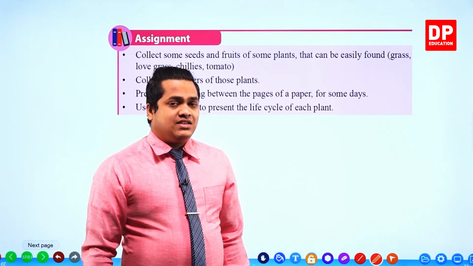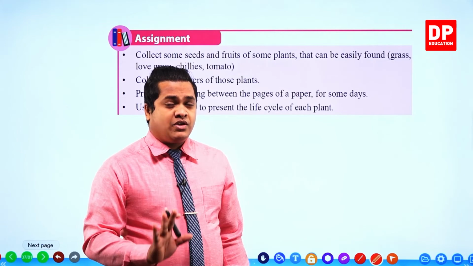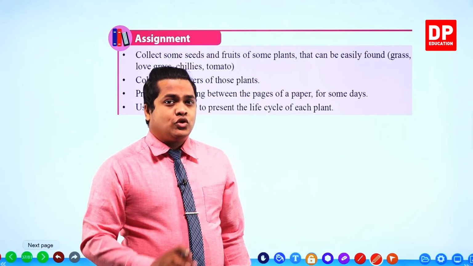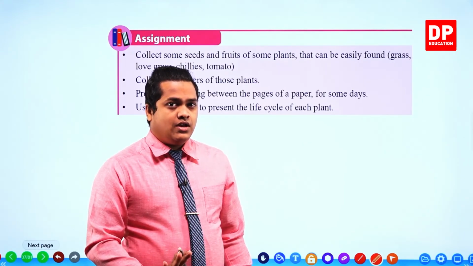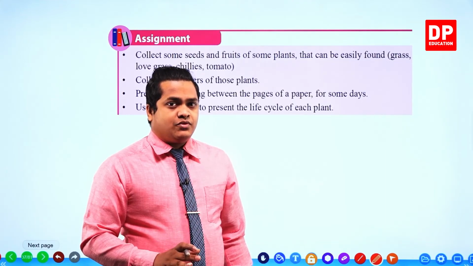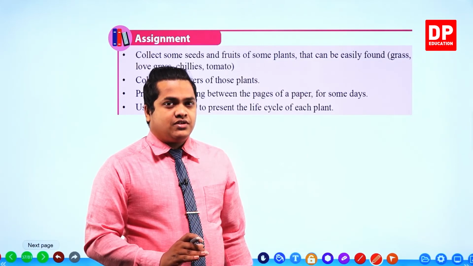Don't insert these things into your textbooks, my dear children. It's not convenient and it's not proper, because you have to hand these things over to your next generation. So don't waste your textbooks for these things. If you keep that under your textbooks, it will definitely ruin your pages, so it's not wise.